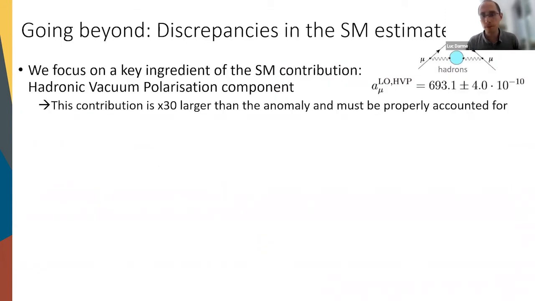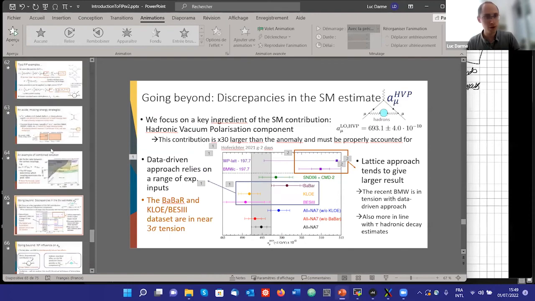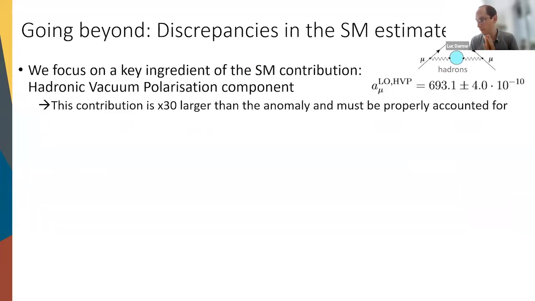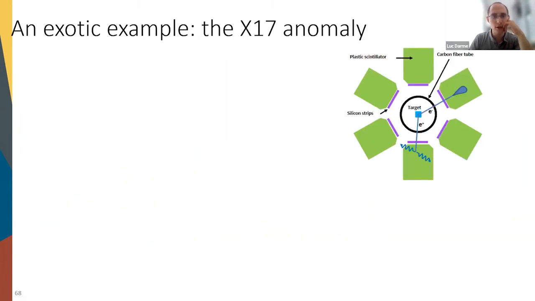Okay, let me think. What time is it now? It's practically the time to finish. We have 10 minutes, so now we have a choice for you. Either you want to hear a bit more about some of the discrepancy between the lattice and the data-driven approach on the G-2, which is about what is called the hadronic vacuum polarization, or we can go a bit more exotic and talk about the X17 anomaly.